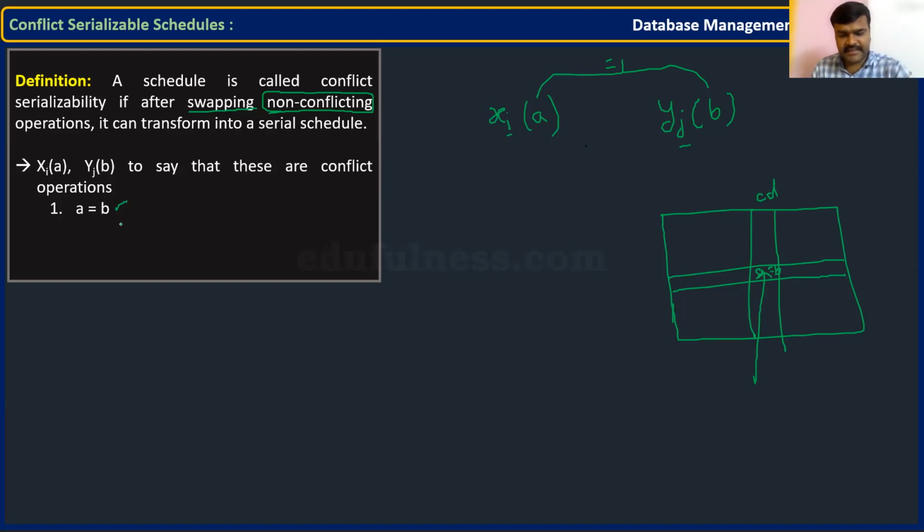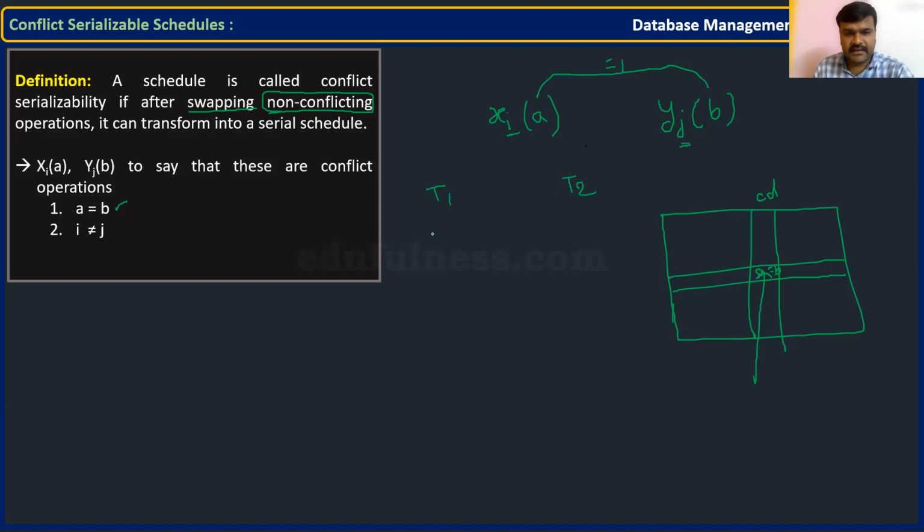Then the next one is i not equal to j, where i and j represent the transaction numbers. i not equal to j means both operations should not belong to the same transaction. So we have transaction 1 and transaction 2.